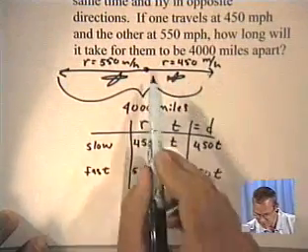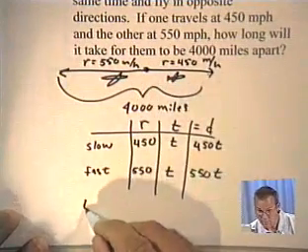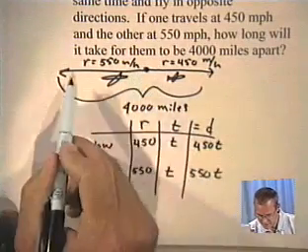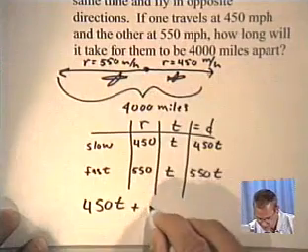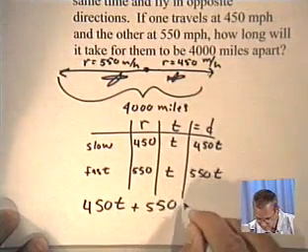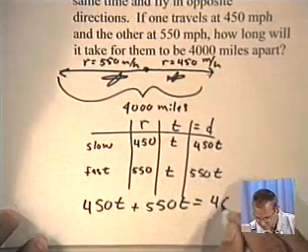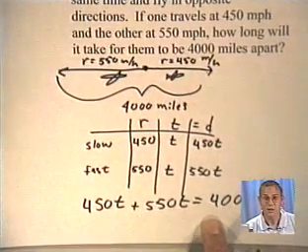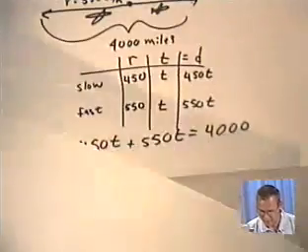This distance is 450t. I know that this one is 550t, and I know that they have to add up to 4,000. That gives me an equation. Now let's just try to solve it real quick.